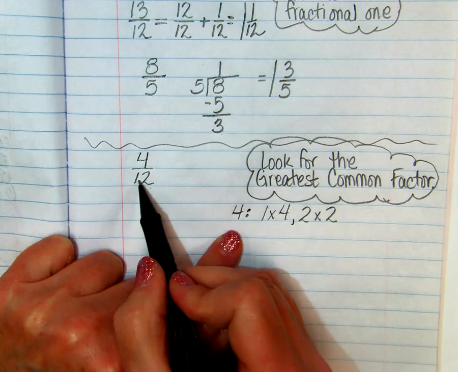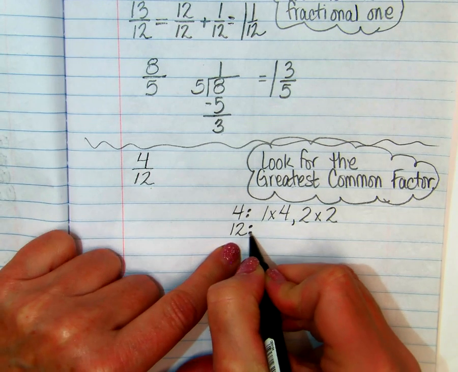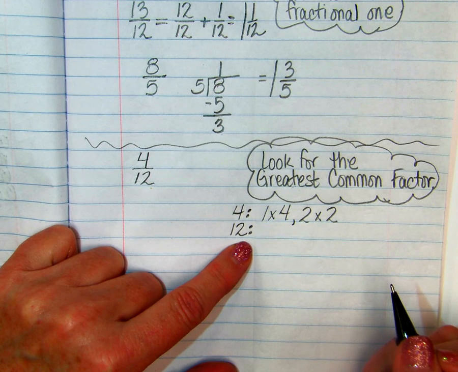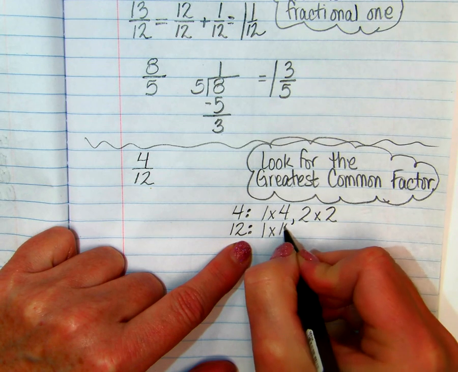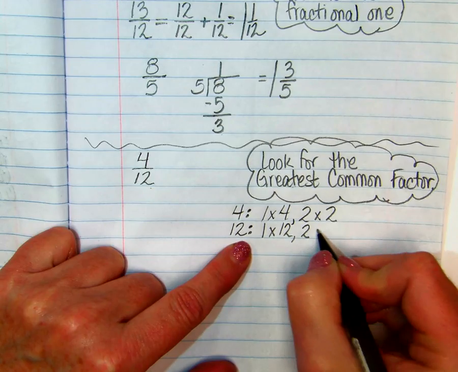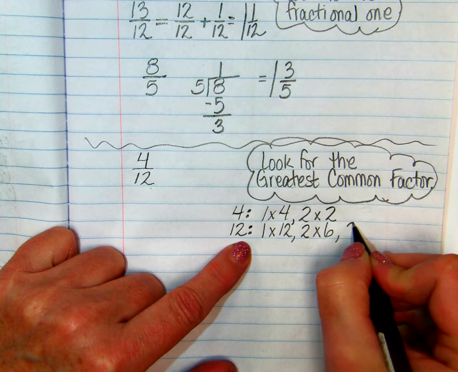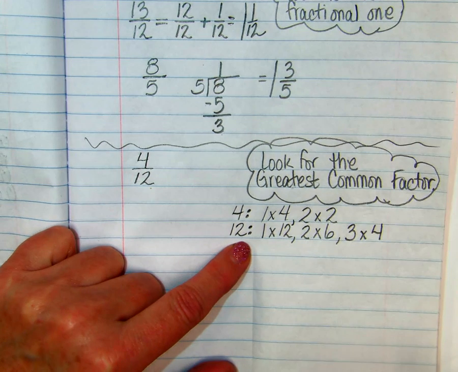Let's list the factors of 12. Put a 12 there and a colon. Okay, let's start with 1. 1 times 12 will give me 12. 2 times 6 will give me 12. And 3 times 4 will give me a product of 12.